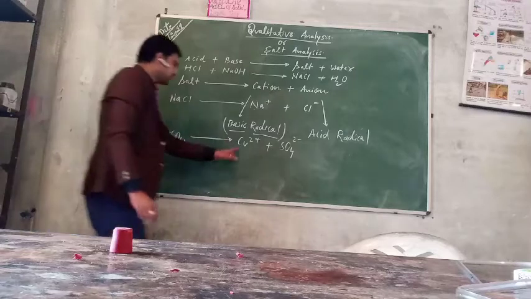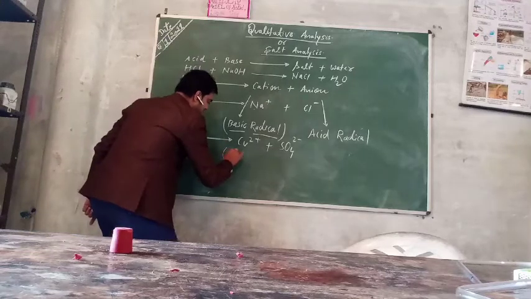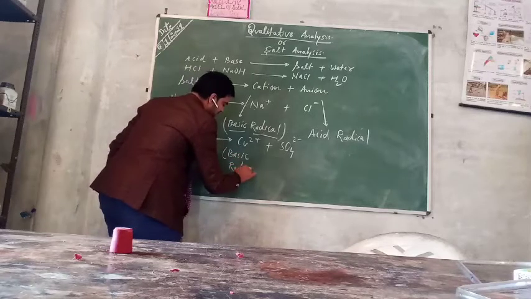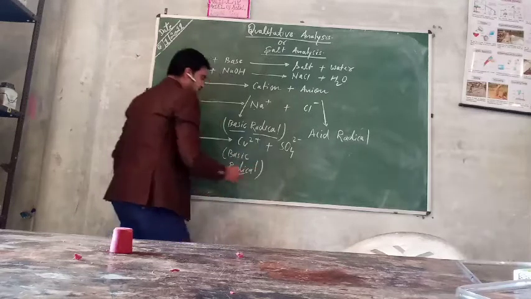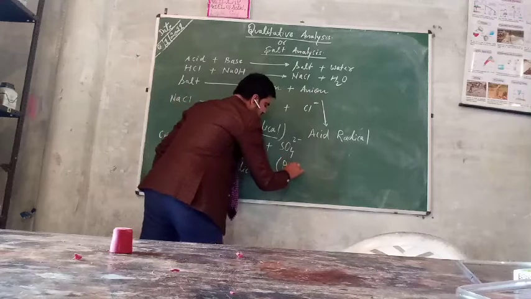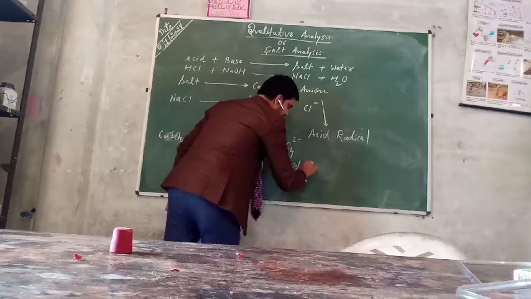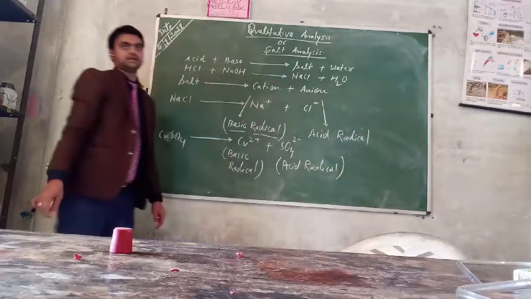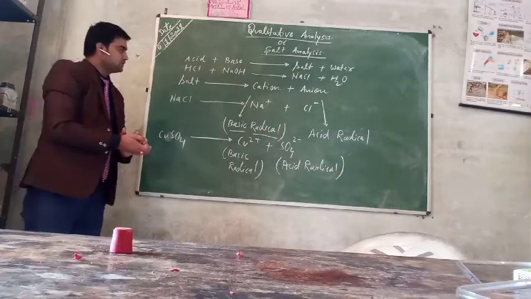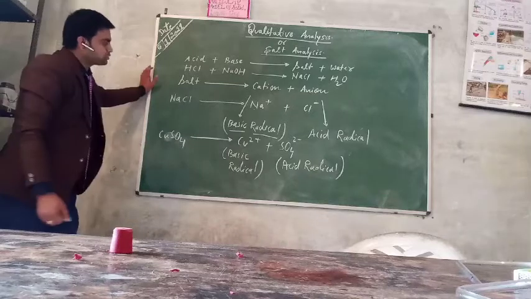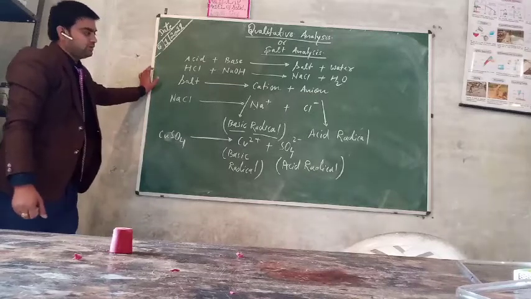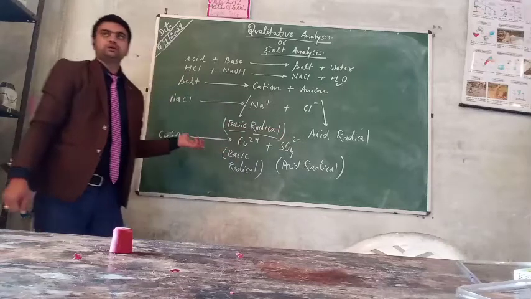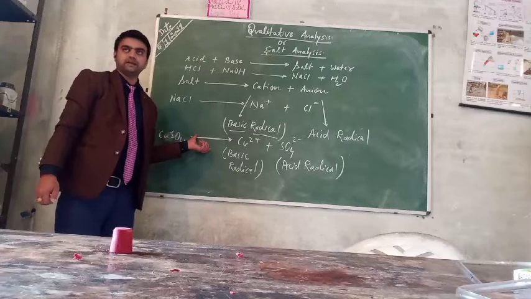The basic radical is the Cu2 plus ion, and the acid radical is the sulfate ion, SO4 2 minus. Out of these two radicals, first of all you have to test the acid radical and then after that you have to test the basic radical.